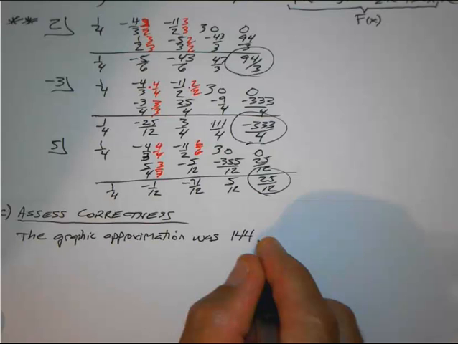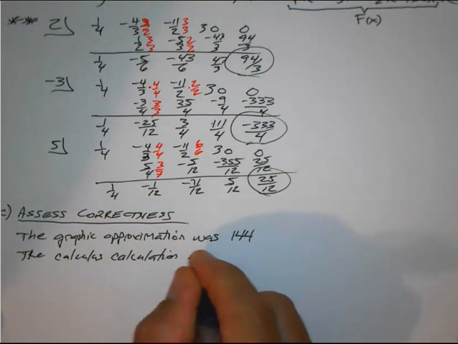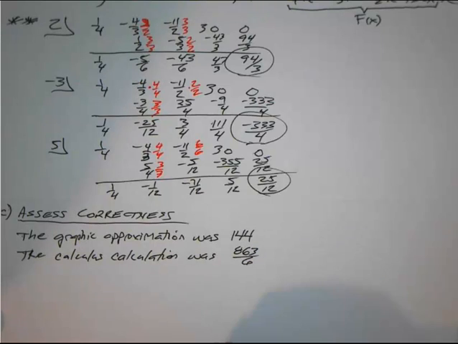Now, let's again take a look at our calculation. What do we have for that? That was 863 over 6 square units. Let's make a note of that. Now, for comparisons, we're going to need to do a bit of long division here to see what 863 over 6 actually is.